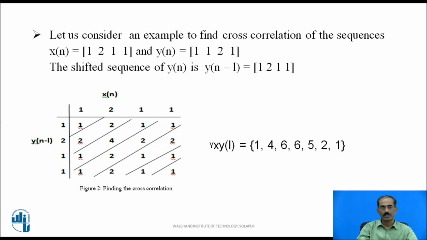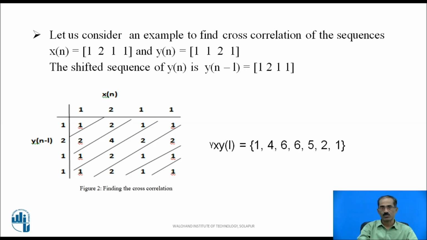The third element in the column will be multiplied with all the elements present in the row as 1, 2, 1, 1. Similarly, last element in the column will be multiplied with all the elements in the row, 1, 2, 1, 1. Again group as shown in the diagram and sum it. We are going to get the cross correlation of the sequence.